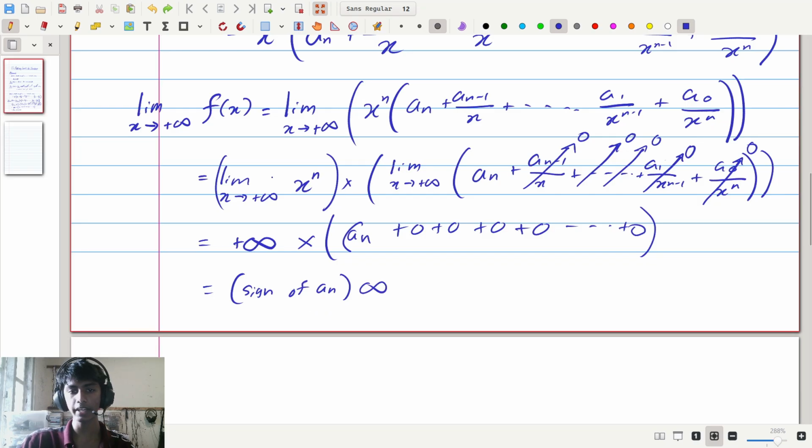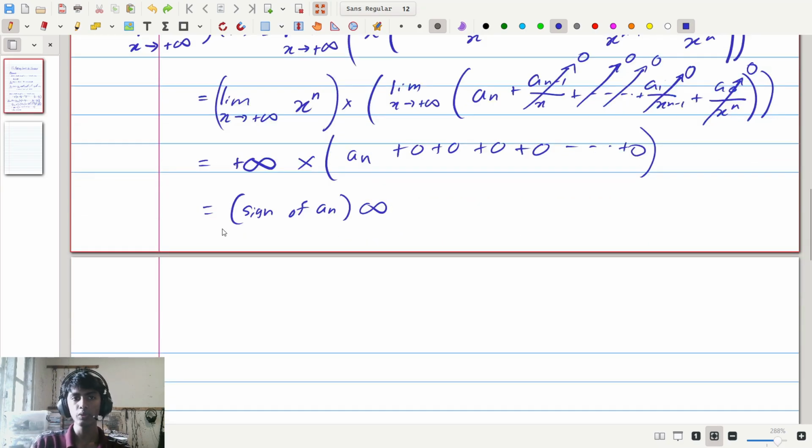It depends on the sign of a sub n. If a sub n is a positive value, we're multiplying infinity by a positive value, which means we get positive infinity. If a sub n is a negative value, we're multiplying the negative value by positive infinity, which means we get negative infinity. So that's why I'm putting in symbols here in brackets the sign of a sub n times infinity.